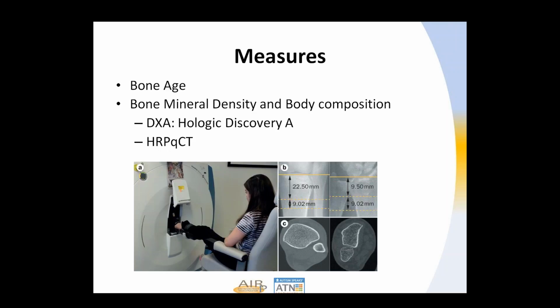The measures that we use to study the boys include the bone age, which is just a hand film. Then we did a bone mineral density test, which is called the DEXA. They basically lie still for 30 seconds, and images are taken of their bones, and the bone density is calculated.